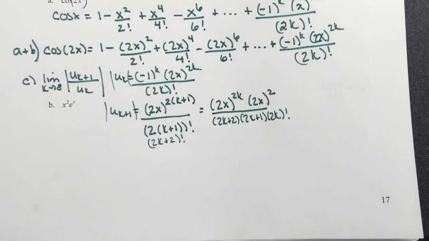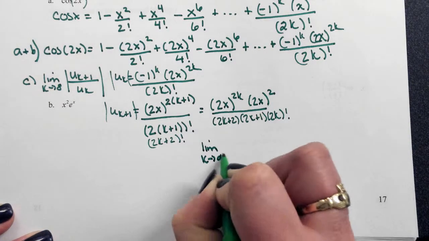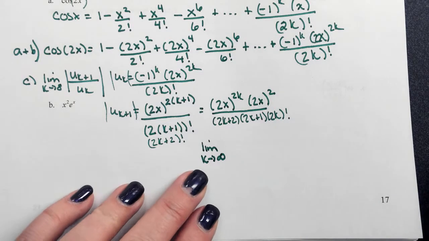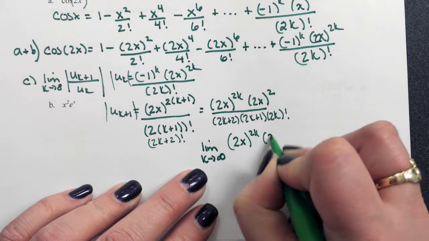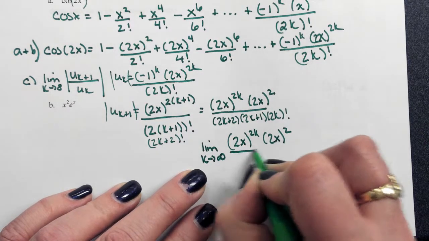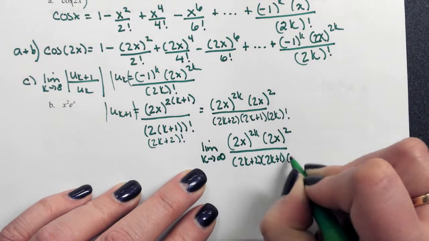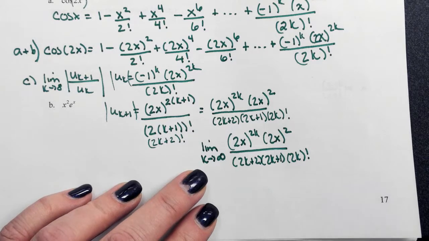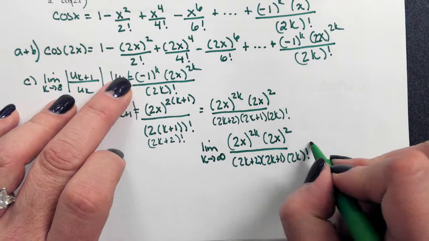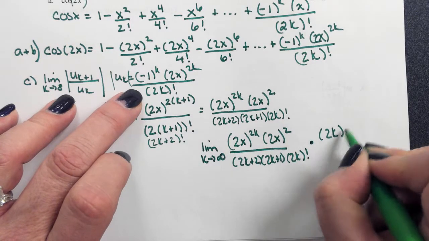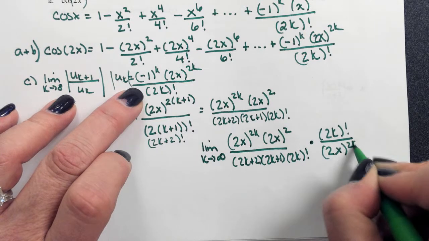So now I'm ready to go ahead and do my ratio test. So I'm going to find the limit as k goes to infinity. I'm going to take my u sub k plus 1, so that's my 2x raised to the 2k, times 2x to the second power, all over 2k plus 2 times 2k plus 1 times 2k factorial, divided by u sub k, which means I'm going to multiply by the reciprocal of u sub k, so that's going to be my 2k factorial, divided by 2x raised to the 2k.